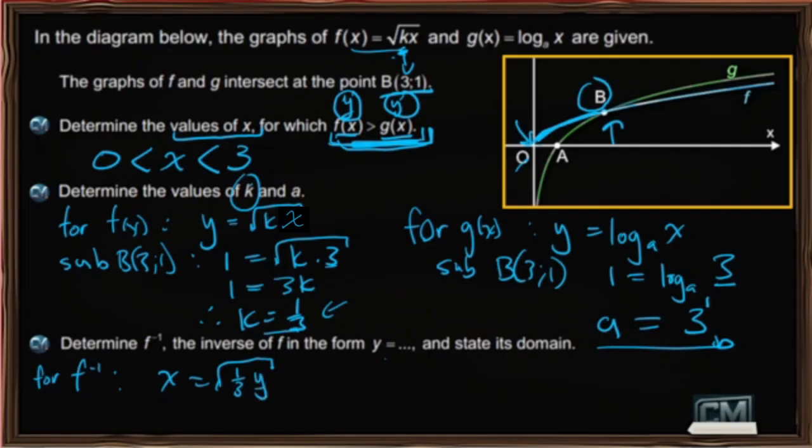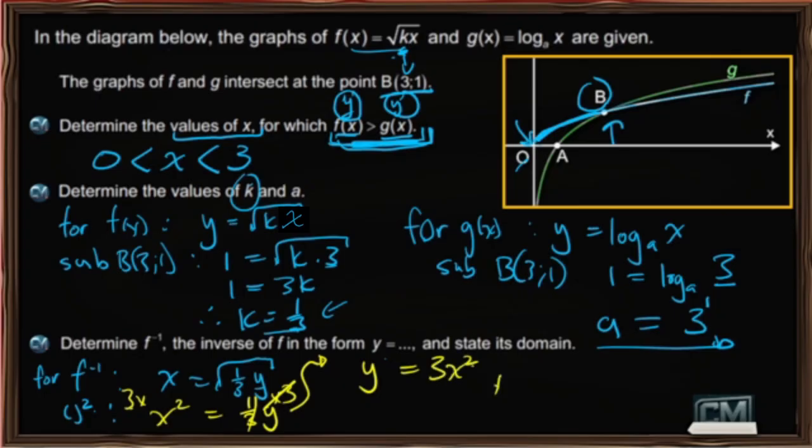So now we can square both sides, change up the color, so we'll have that x squared is equal to 1 over 3 times y. Moving on to our next step, we multiply both sides by 3, because that's what we want to do. We'll have that y is equal to 3x squared.